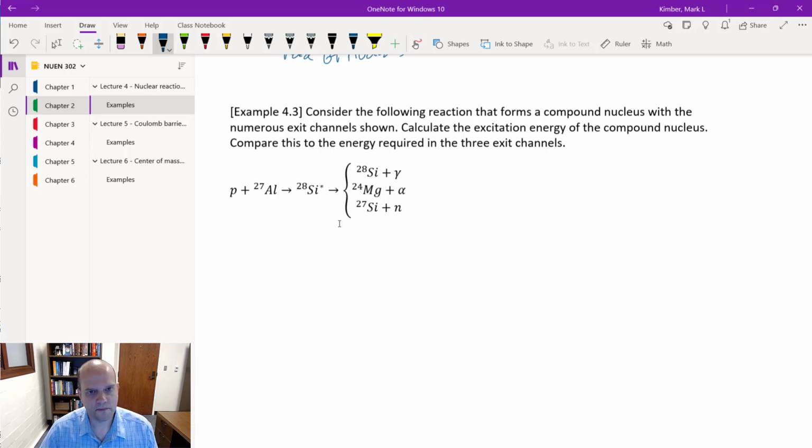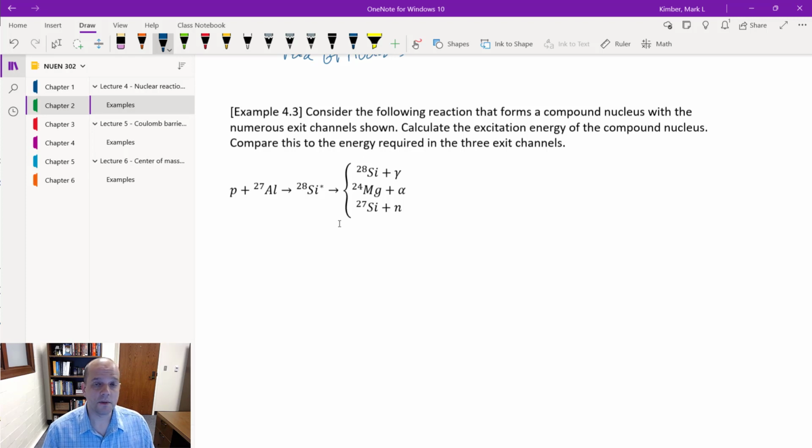And so you might think that all of this represents information you don't know how to process. But the reality of it is this is exactly the same as what we've done with the binding energy. The fact that there's a mass discrepancy, and we multiply that by 931.5 to change it from AMU to MeV, to go from mass to energy.